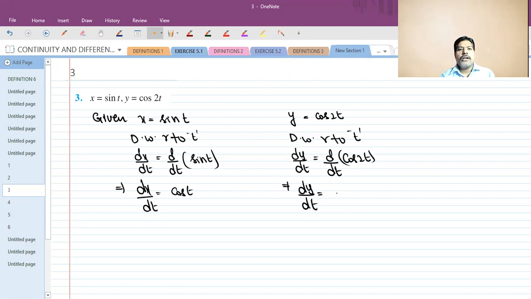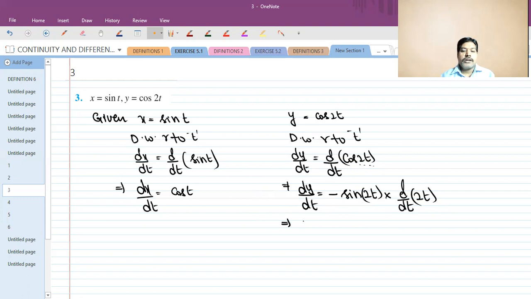Anyone can tell the formula? Cos f of x derivative is minus sine f of x into f dash of x. F dash of x meaning is derivative of 2t. Do you understand that? So cos f of x derivative is minus sine f of x into f dash of x.